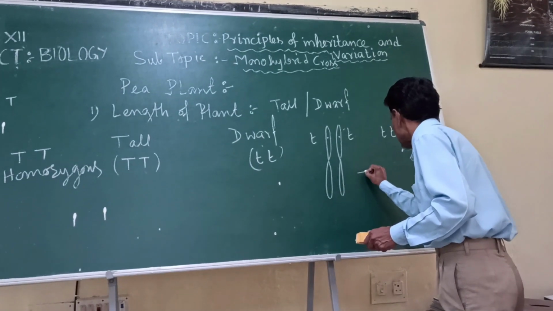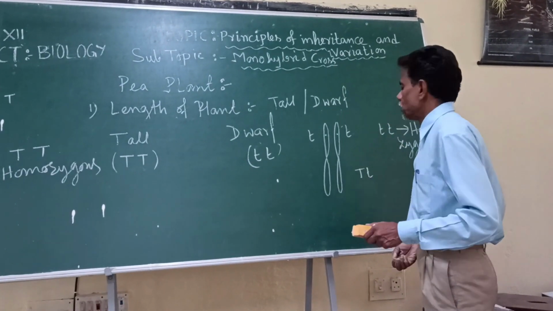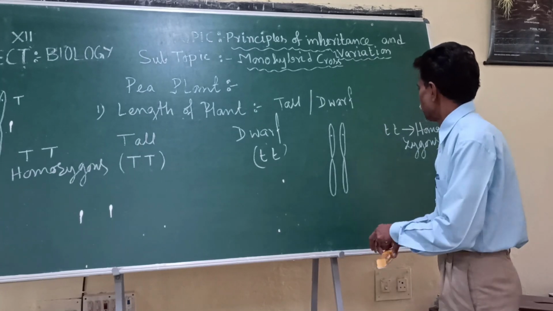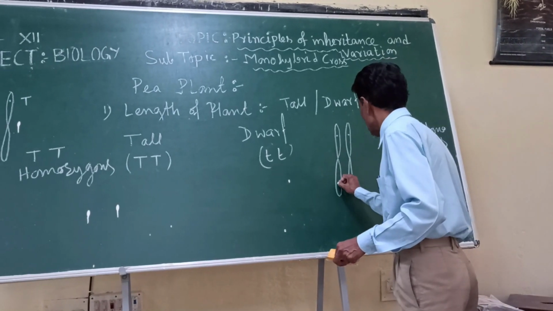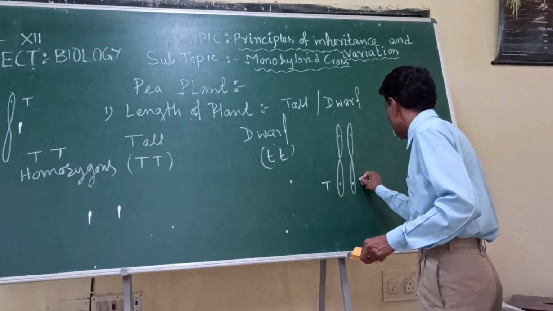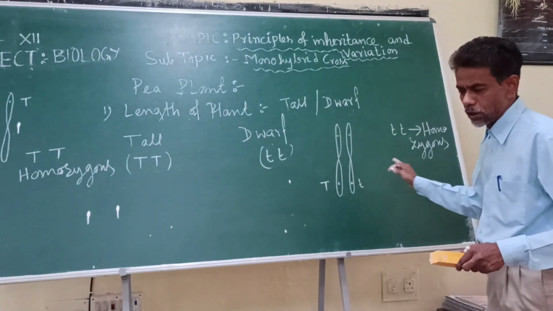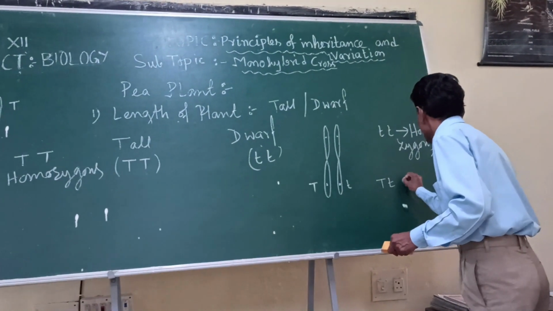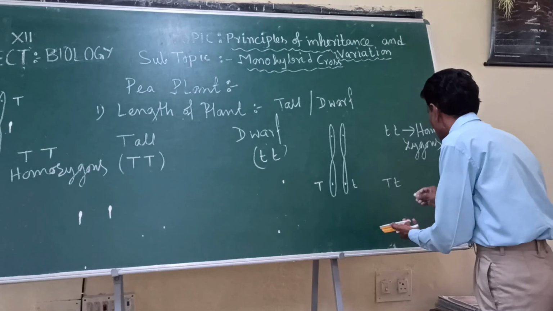If it is capital T, small t, suppose one of the genes is mutated, so in this locus one is capital T and one is small t. What will be the phenotype we shall come to later. This condition we call heterozygous.